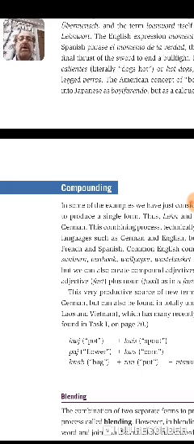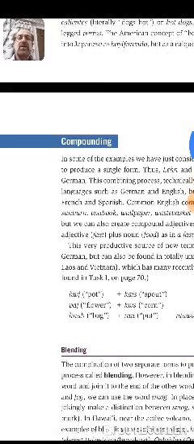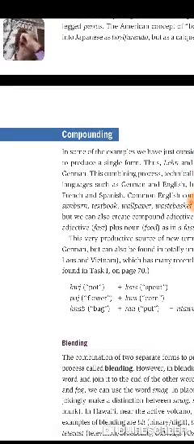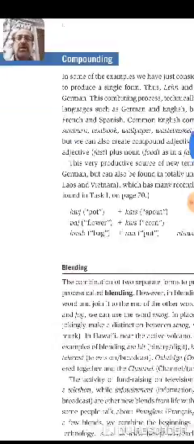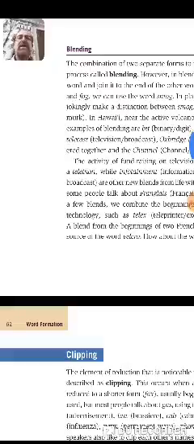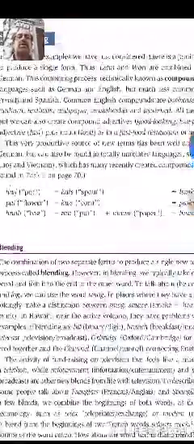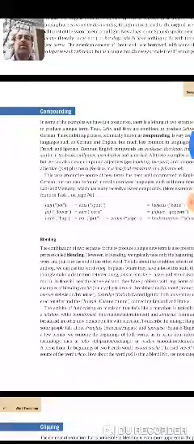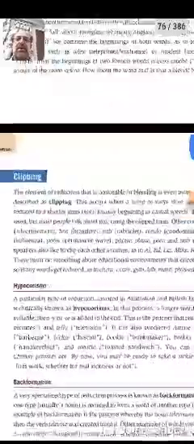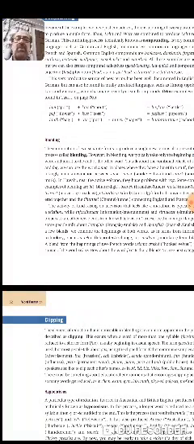I'm going to talk about compounding later on. So the second process is called compounding, and it includes blending as well, which is a special kind of making compounds short, as we will see shortly.